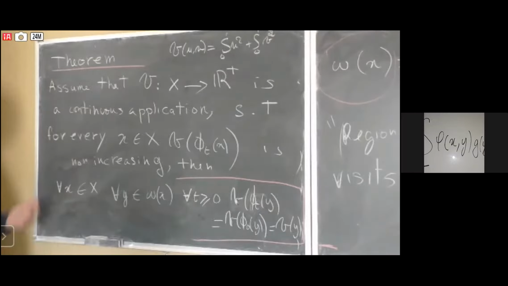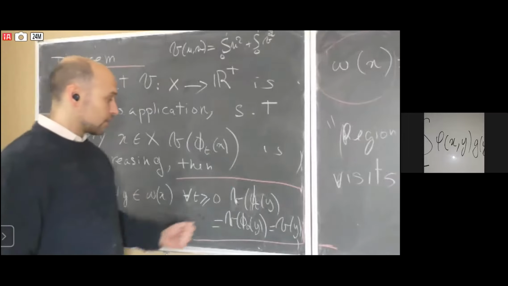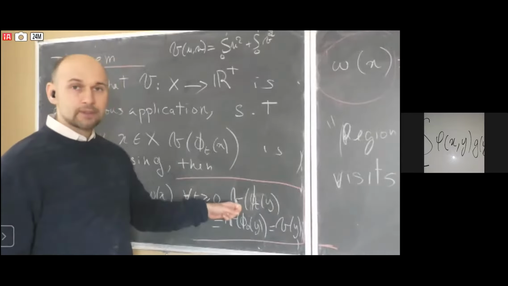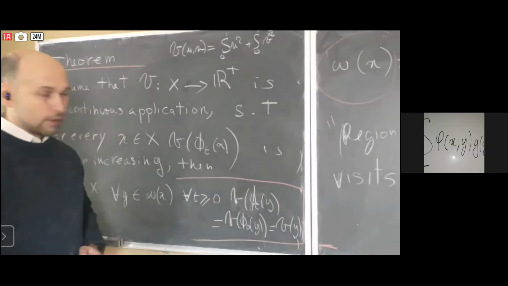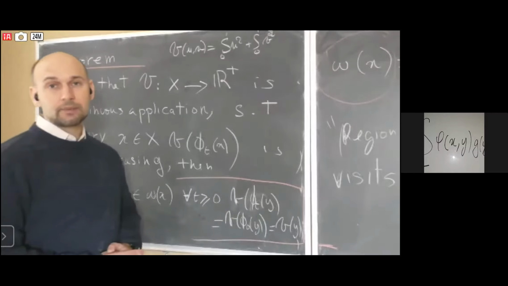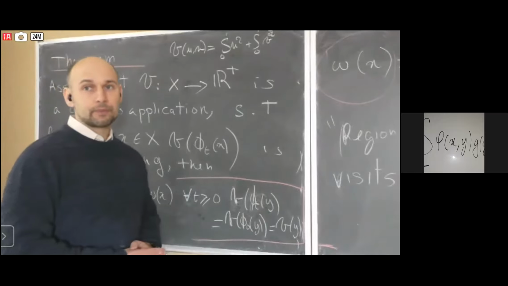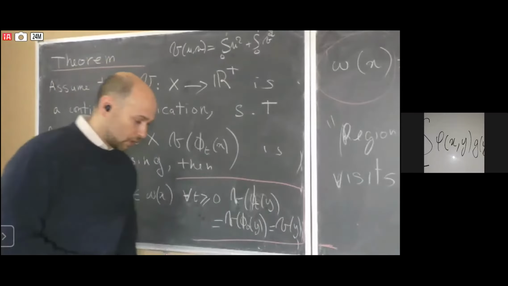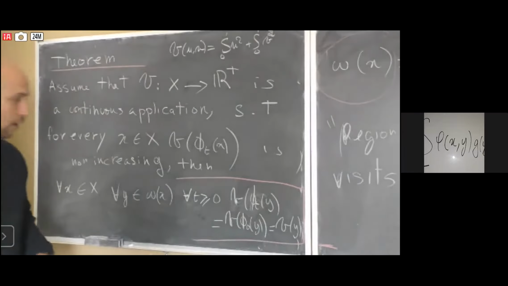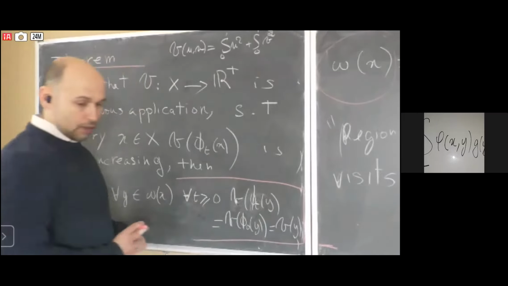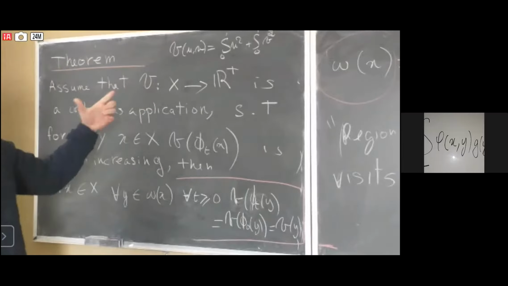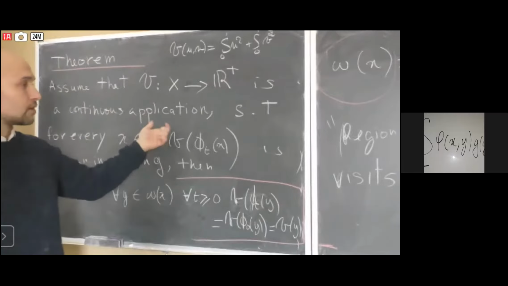So as I said, it means that V remains constant on the omega limit set. All right, so these are general things. It's a good exercise to look at them.